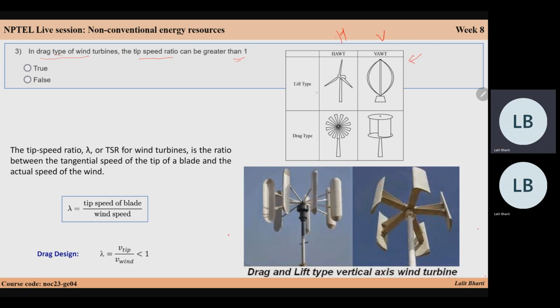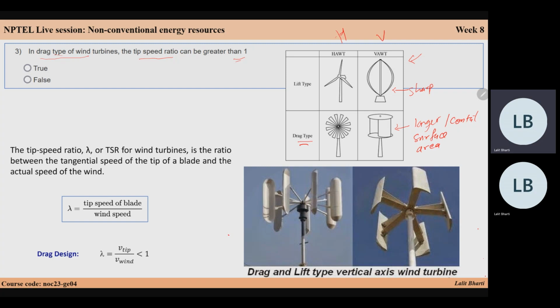The lift type has sharp blades, whereas the drag type has a larger surface or contact area, so it has larger contact with the wind compared to the lift type.